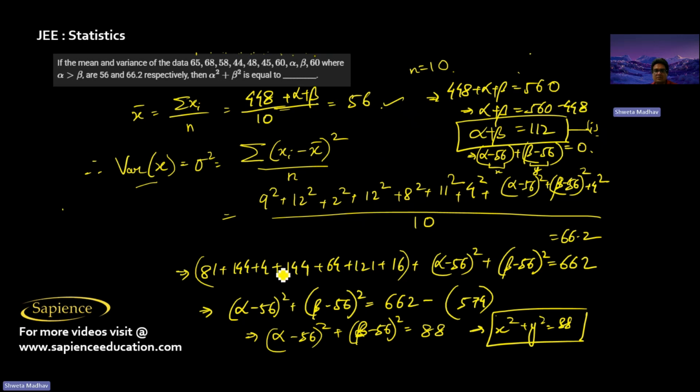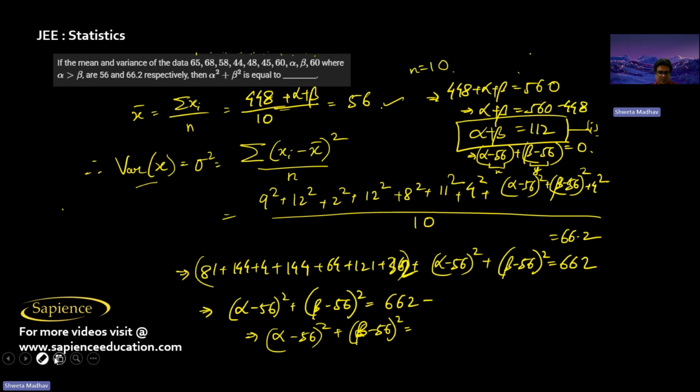Sorry, this is 64 plus 121 plus 16 plus 16, so this should be 32. So that's 74 plus 16, so that is 590. This is wrong. This is 590.